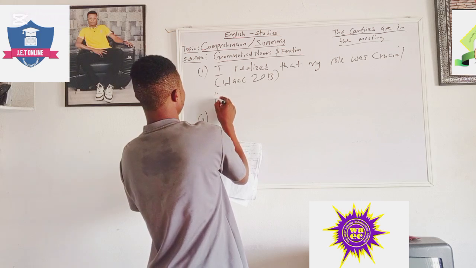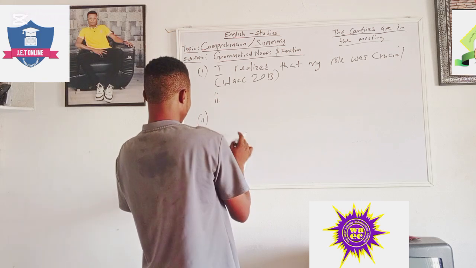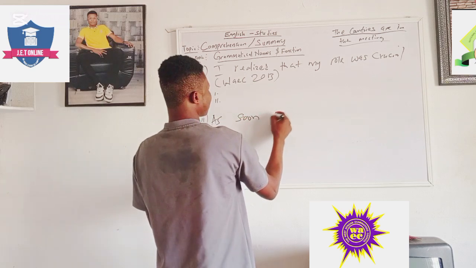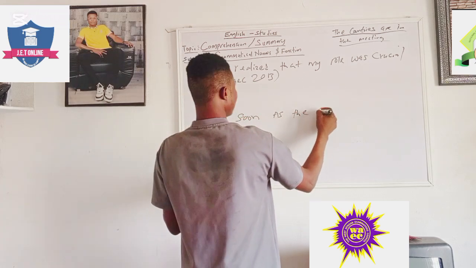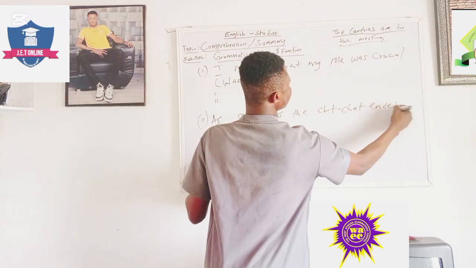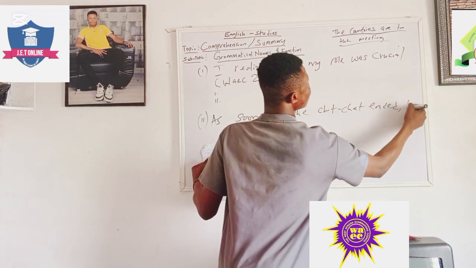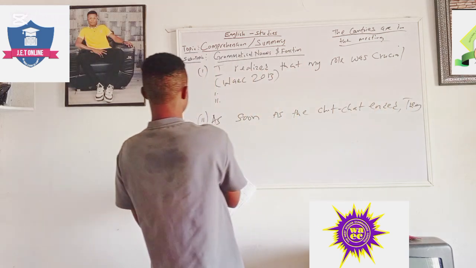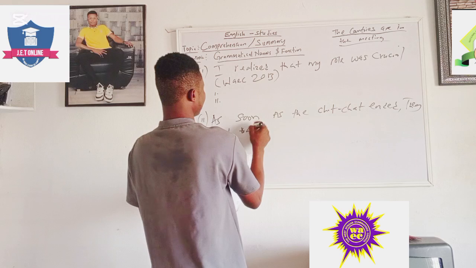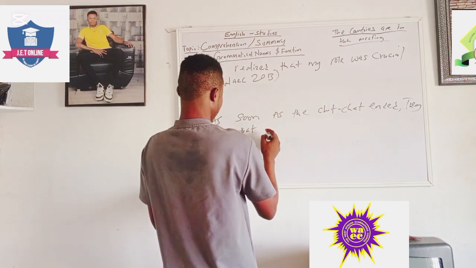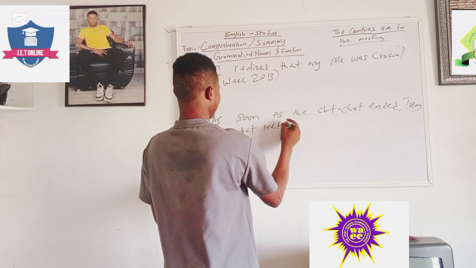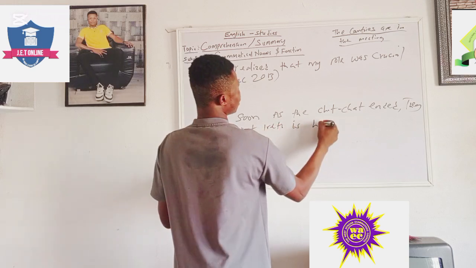Number two, grammatical name and function. Number two, we have: as soon as the sheet chart ended, they announced that Ireti is here.